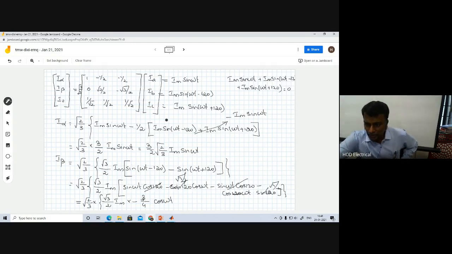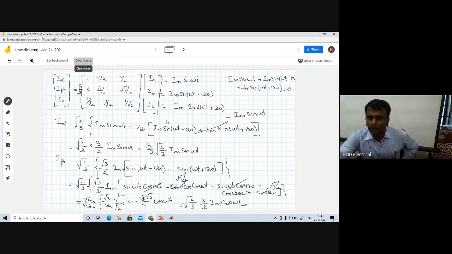Here root 3 cancels with root 3 and root 2 with root 2. We have root 2 by 3 into 3 by 2 Im into cos omega t. So that means beta is leading by an angle. Now we can end up with this formula.